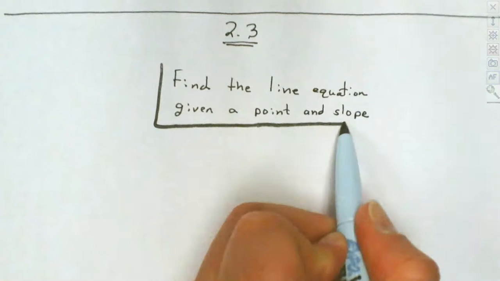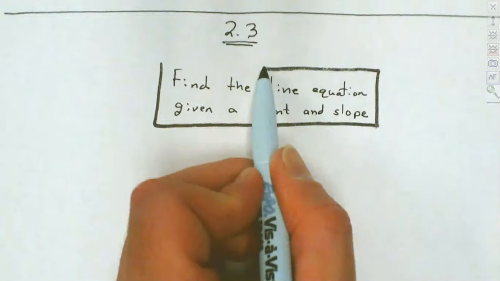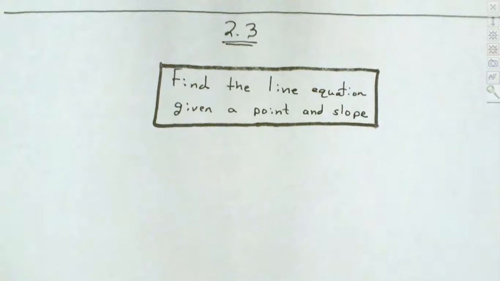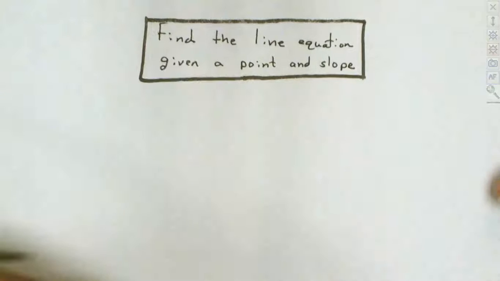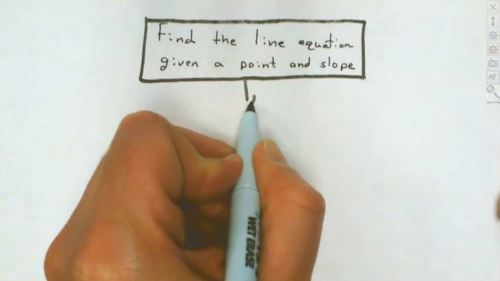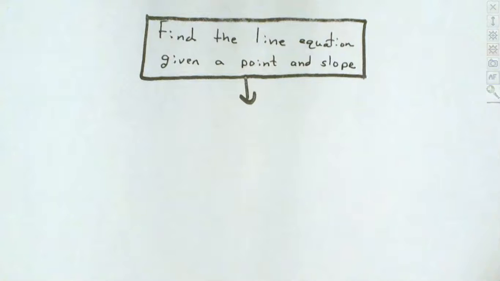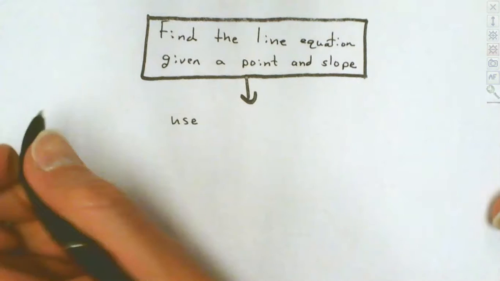So this is where we start at. And this is what we want to do. We want to find the equation of a line when you're given a point and a slope. And the first thing that we need to do is use what's called the point-slope formula. So that's going to be our first step, is use point-slope formula.